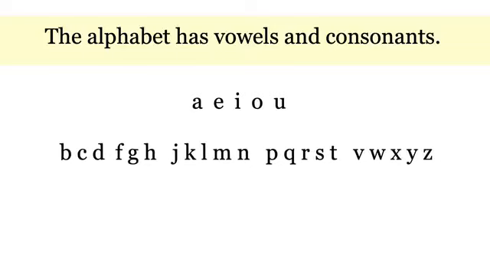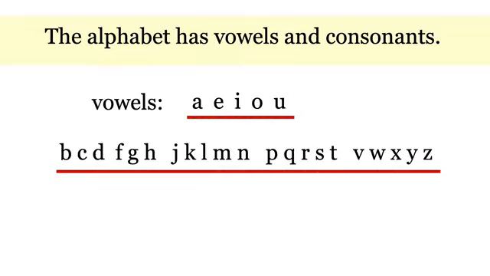A, E, I, O, U. These are called vowels. Every word in English has at least one vowel. All of these other letters are called consonants. We need to know this for some spelling rules we will talk about in a moment.